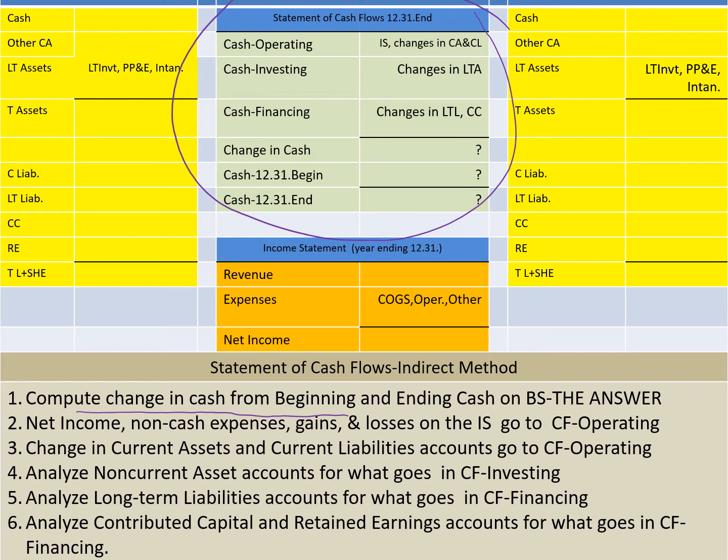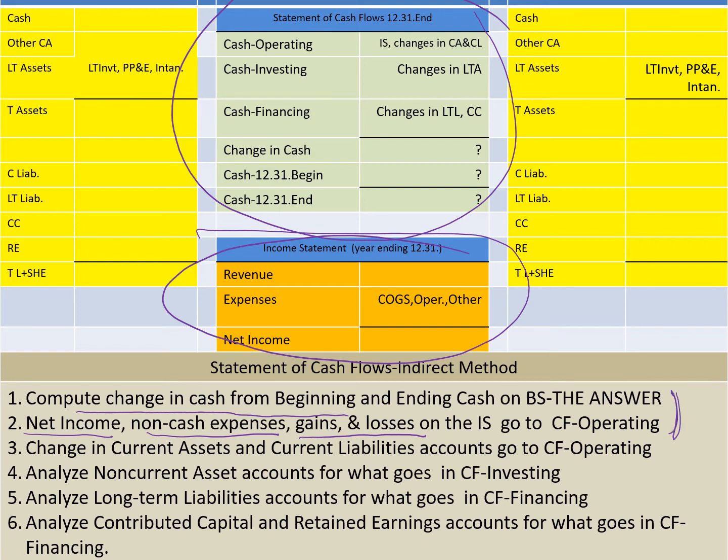Then go cruise through your income statement and look for what net income is, and then what non-cash expenses are, like depreciation and amortization, and what the gains and losses on, say, property, plant, and equipment are. That will give you the first part.